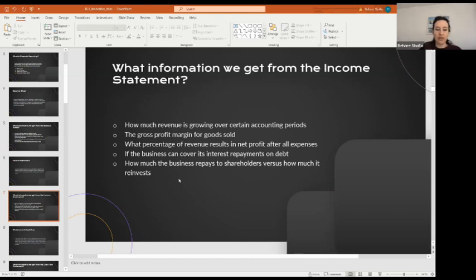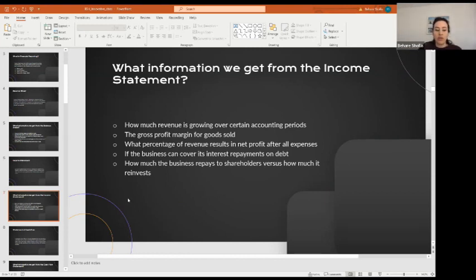We know that this net income, net revenue, is something that the company can either reinvest or repay to the shareholders.